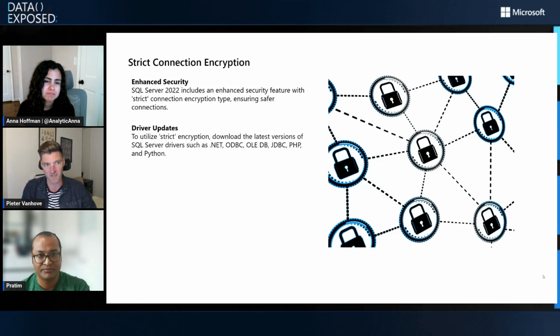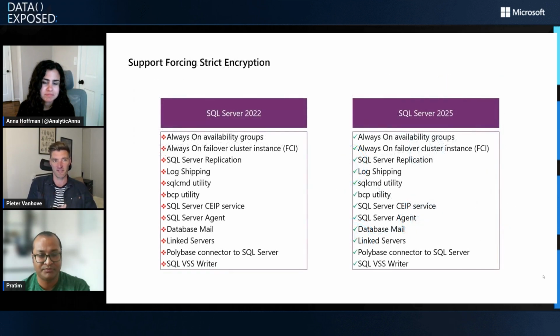Now, the problem with SQL Server 2022 was that all our internal features and tooling were not using these strict encryption connections. Like Always On availability group, replication, SQL command, even SQL Server agent. We're not using that strict encryption connection.